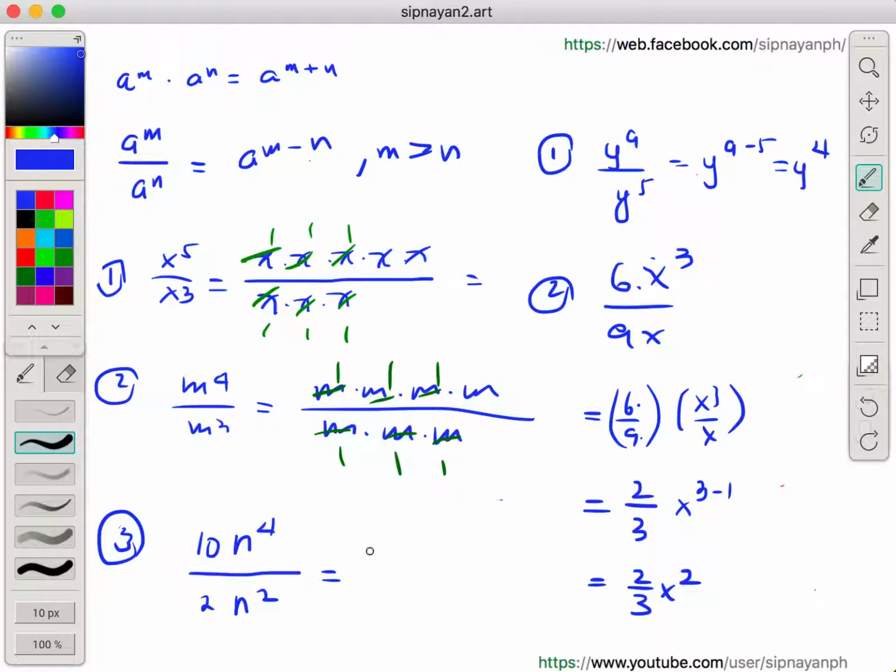So ganun din, we separate 10 over 2 and then we have n to the 4th over n squared, which is equal to 10 divided by 2 is 5, and then n raised to the 4 minus 2, which is equal to 5n raised to the 2nd power. So 4 minus 2 is 2. Tapos meron tayong 5. Okay, that's it.